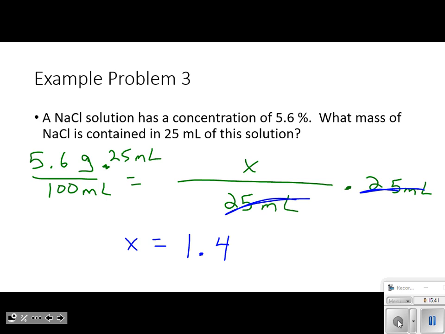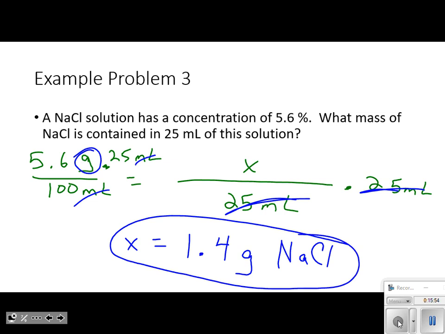Now what's my label going to be? Well, my milliliters cancel, so that leaves me with grams. 1.4 grams, and that's going to be grams of NaCl. What do you think?